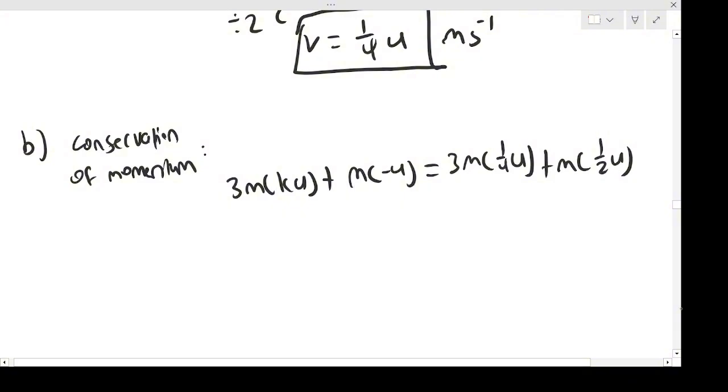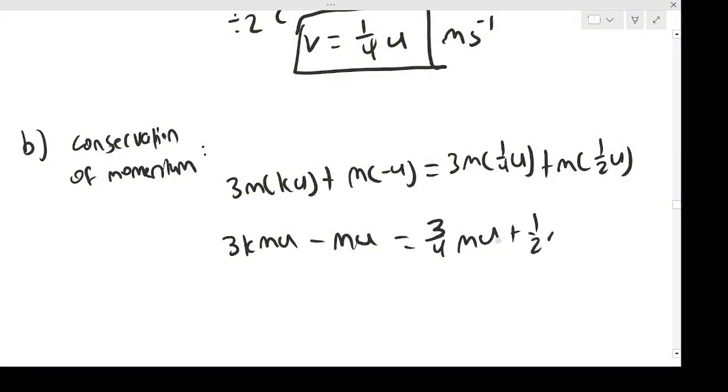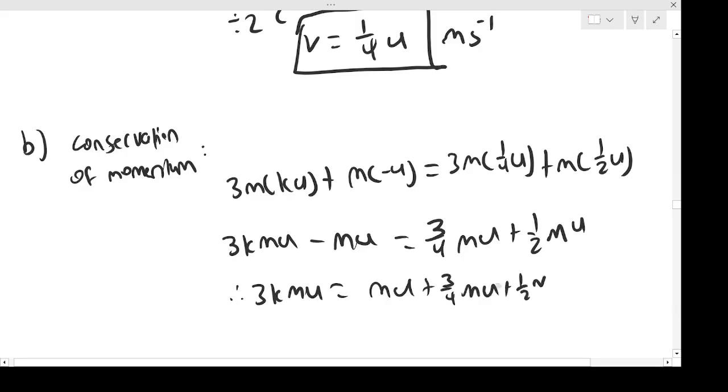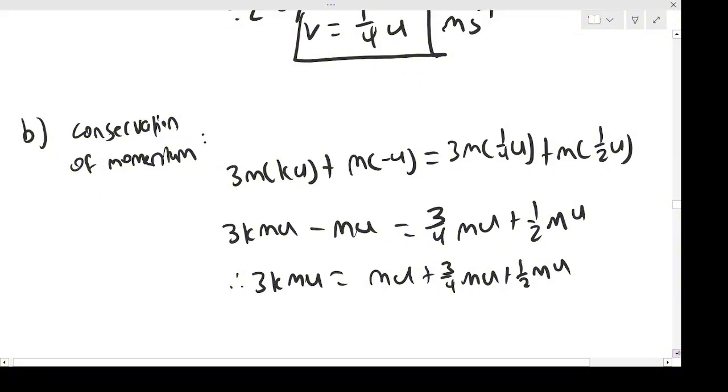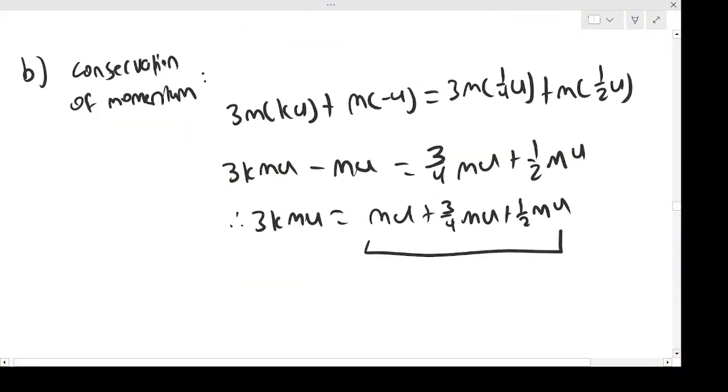And so I've got this equation, right? So if I simplify, I get 3kmu minus mu is 3m times a quarter u, which is 3 over 4 lots of mu, add a half mu. Then, therefore, 3kmu is mu, add 3 over 4 mu, add a half mu. Then I can collect all the mu terms on the right.